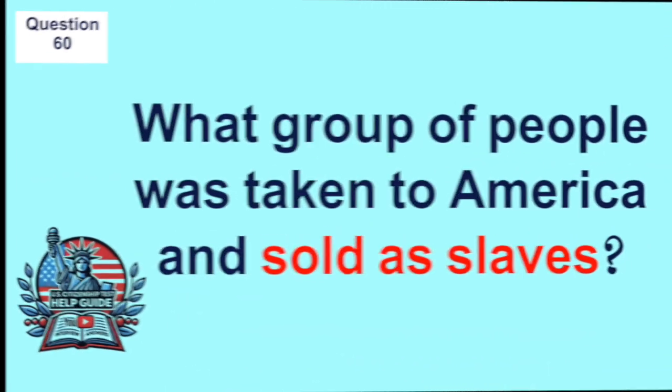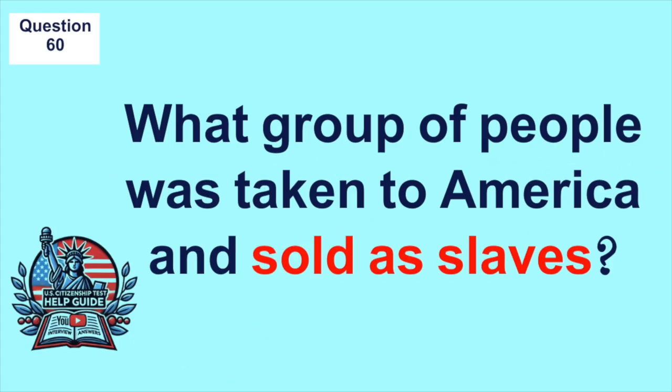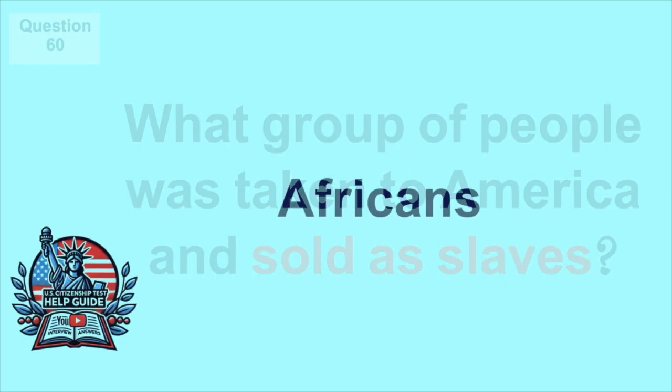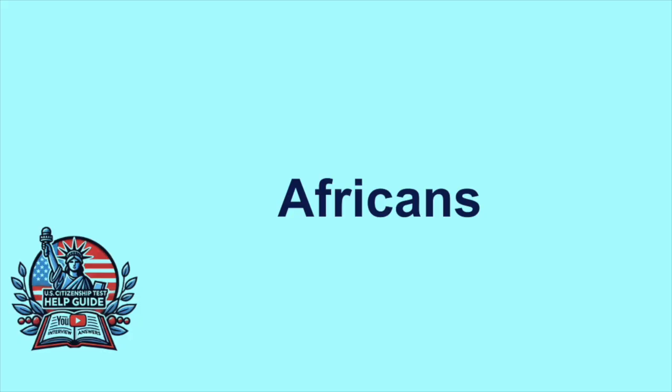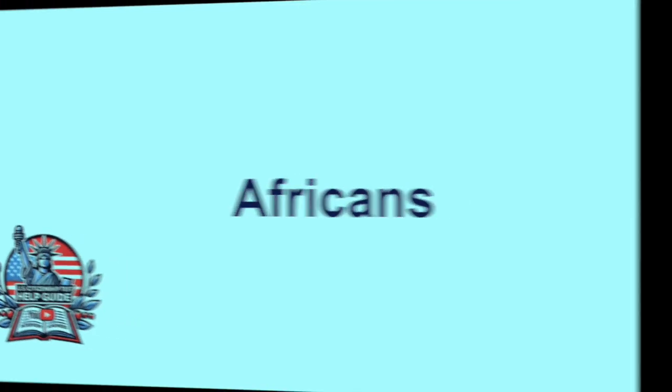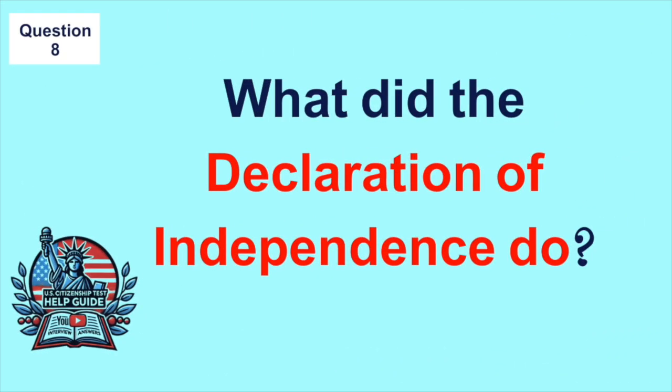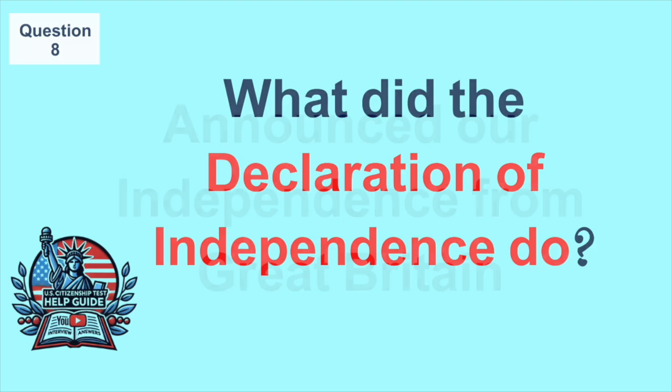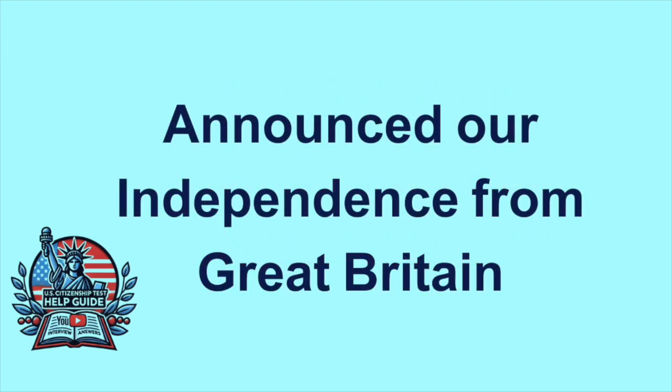What group of people was taken to America and sold as slaves? Africans. What did the Declaration of Independence do? Announced our independence from Great Britain.